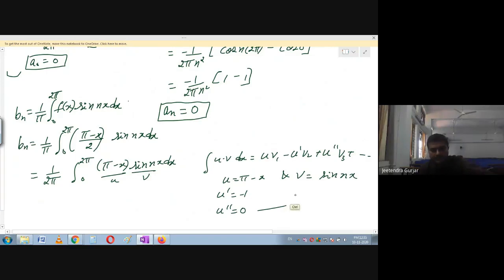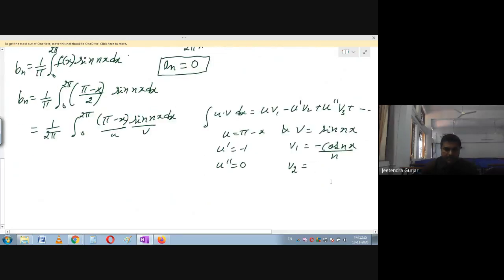Similarly, v1, please remember, integration of sine nx, you are going to get minus cos nx upon n, and v2 is minus sin nx upon n square. For all this, simply substitute the values.